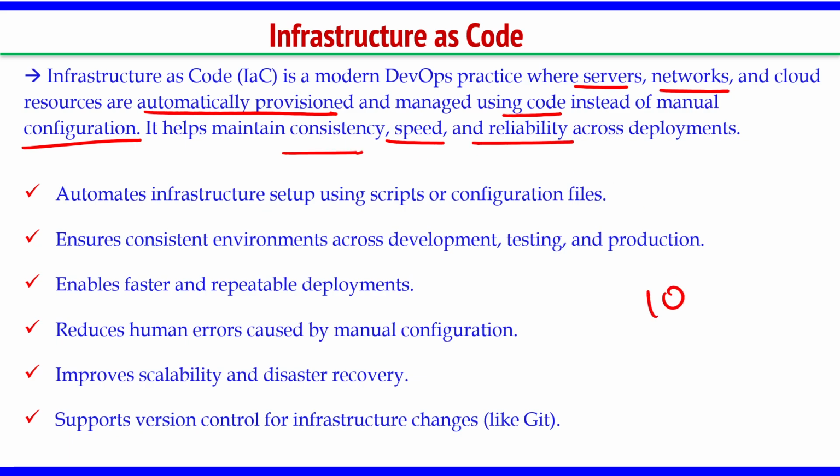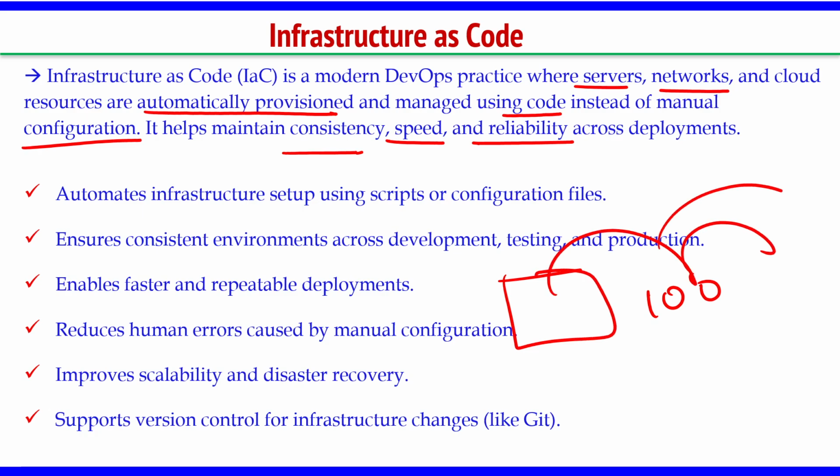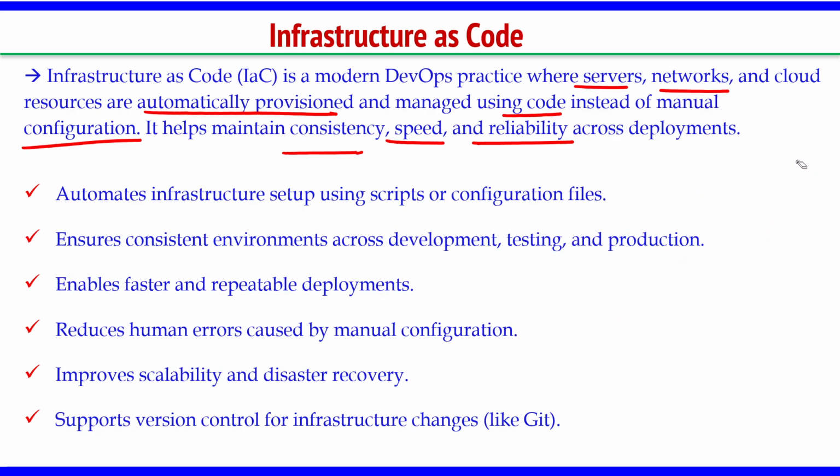There are 100 systems. If I do it manually, I may make mistakes in some servers or systems. But if I have one script and install it in all computers, the same thing will happen in all the machines. So there is consistency across the systems.